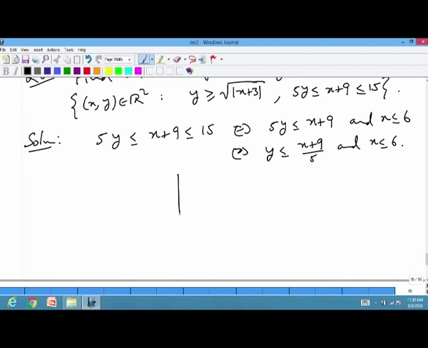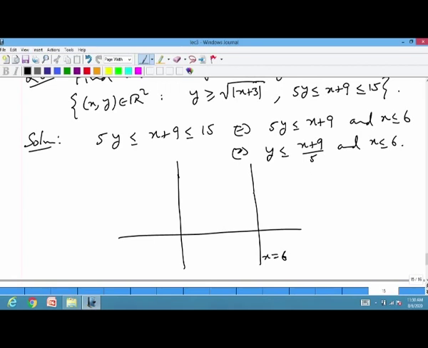So, this region, we have x equal to 6 and y equal to (x plus 9) by 5 is the straight line. This intersects x equal to 6. If we put x equal to 6, then y is (6 plus 9), 15 by 5, is 3.